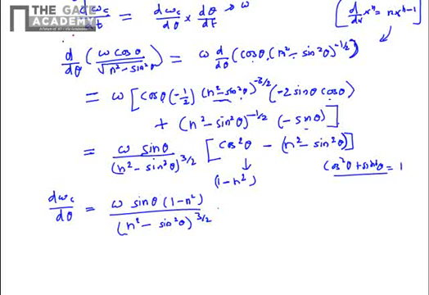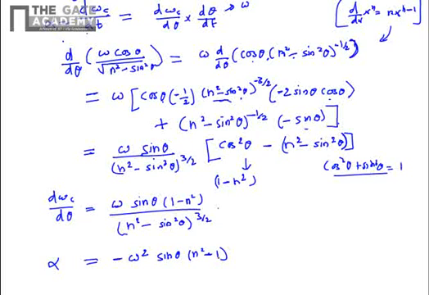Now the angular acceleration alpha is equal to d omega c by dt, that is this d omega c by d theta multiplied by omega. So multiply this expression by omega, and following our standard convention, we will get minus omega square sine theta times n square minus 1, because n is usually greater than 1.